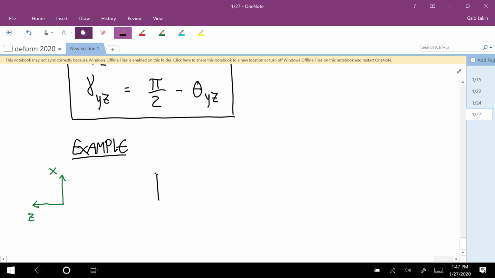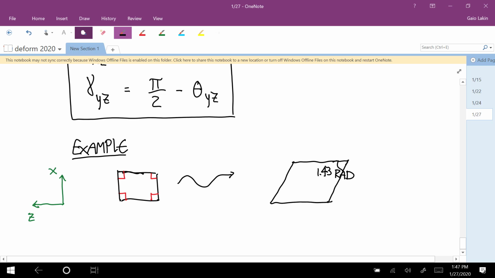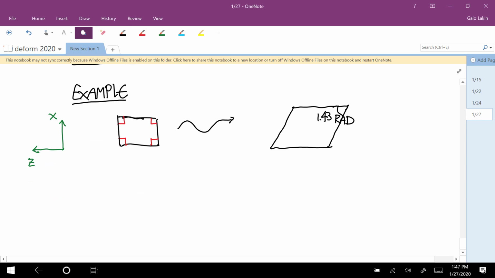And we go from a rectangular initial shape where all these angles are right angles to a deformed shape where we have something like this, and this angle is 1.43 radians. And all other angles that aren't shown in this picture are unchanged.